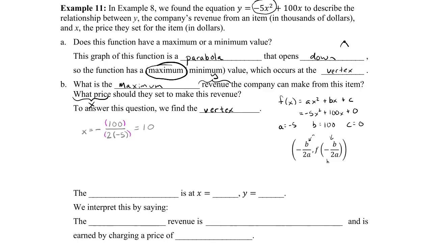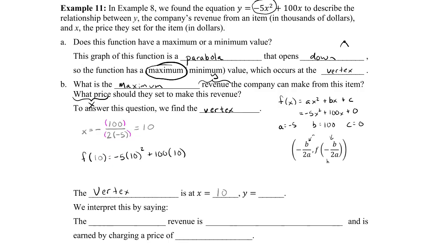So the vertex has x coordinate 10, and then to find the y coordinate, we're just going to take f of 10. So that's negative 5 times 10 squared plus 100 times 10.